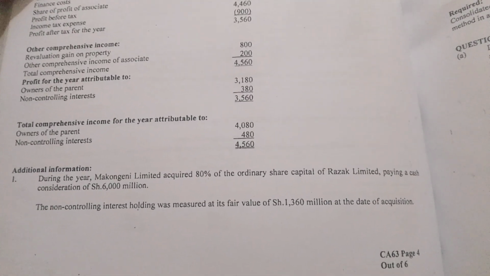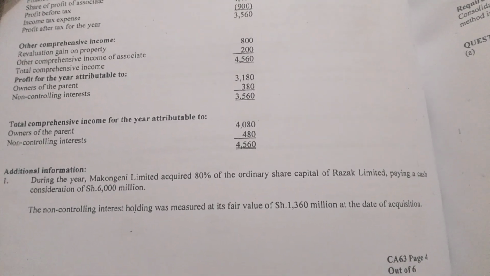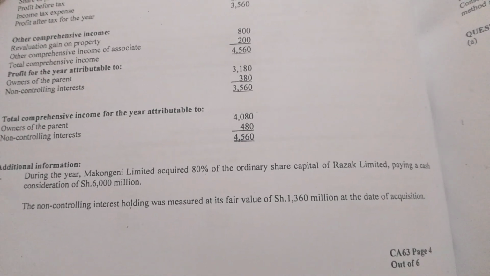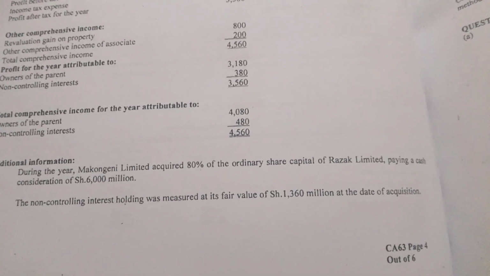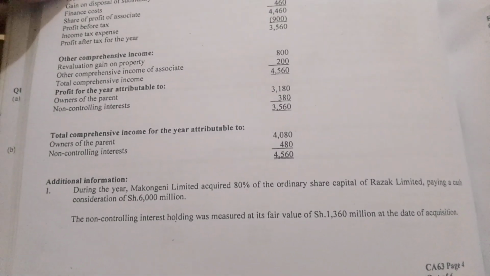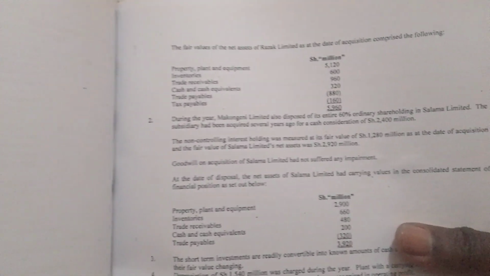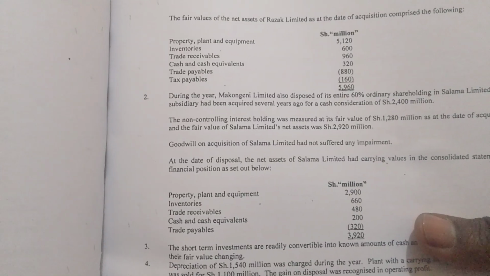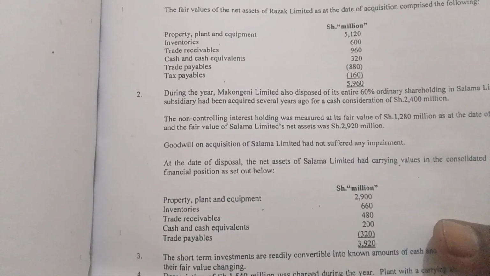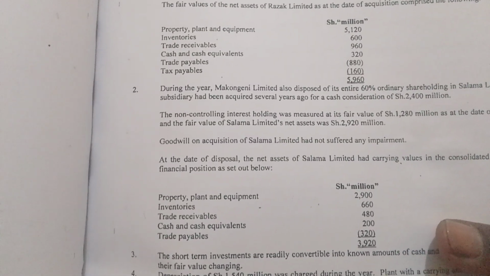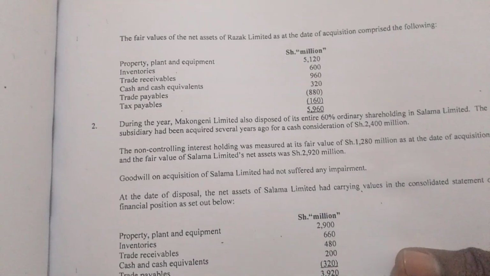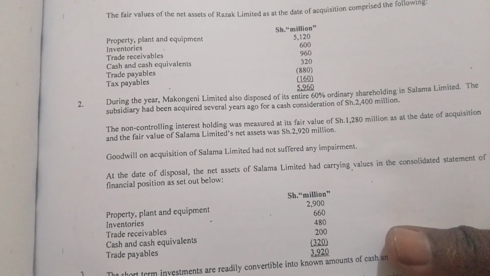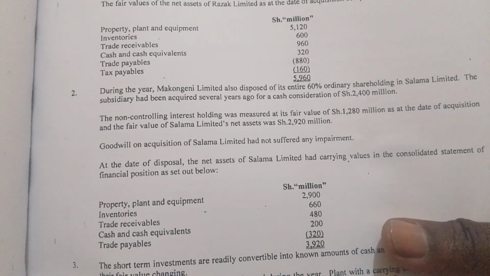The non-controlling interest holding was measured at its fair value of shillings 1360 million at the date of acquisition. Then, the next thing that you are told, the fair values of the net assets of Razaka Limited as at the date of acquisition comprise the following. The figures are given there, and the totals are 5960.